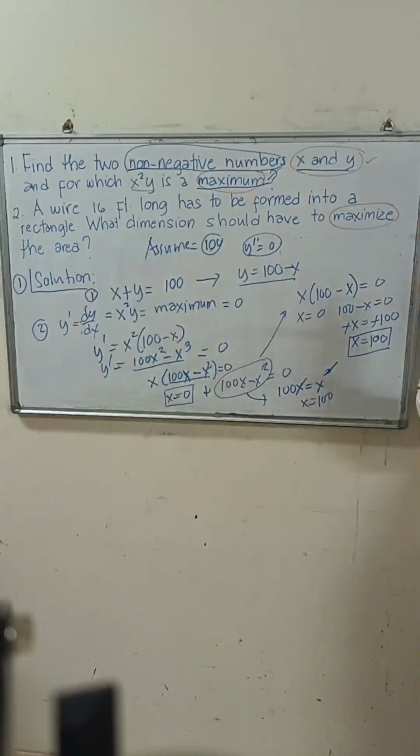If we learn algebra, we can use our own flexibility, whatever methods we are able to use as long as we understand it. There's no specific technique to use. It depends on our convenience and comfort. Now I need to test because I don't know whether 0 or 100 is the maximum.